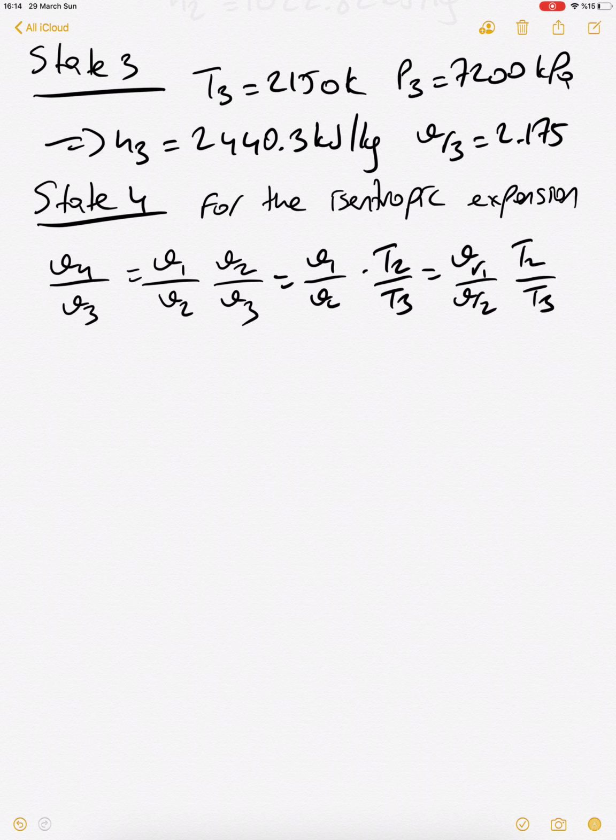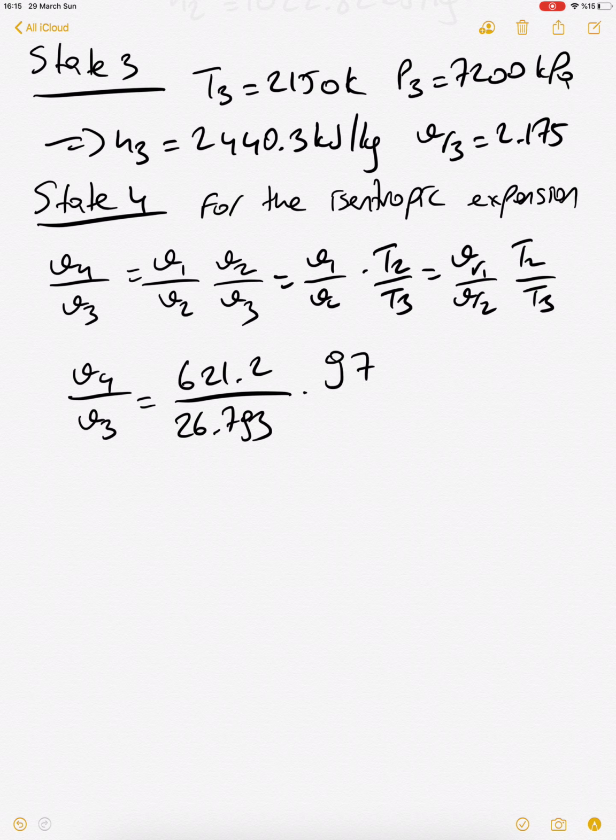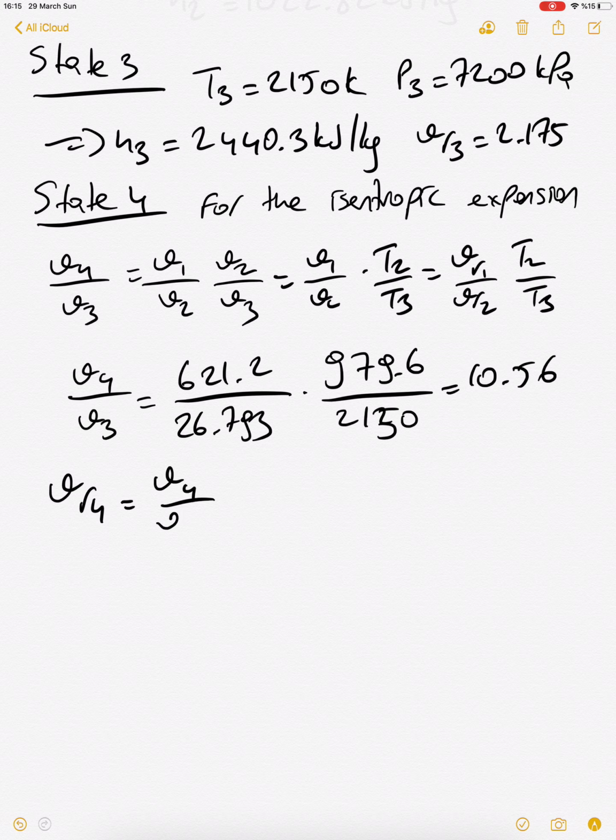So we can calculate V4 over V3 as 621.2 over 26.793 times 979.6 over 2150, which is going to be 10.56. Therefore VR4 is equal to V4 over V3 multiplied by VR3, which is 22.98.